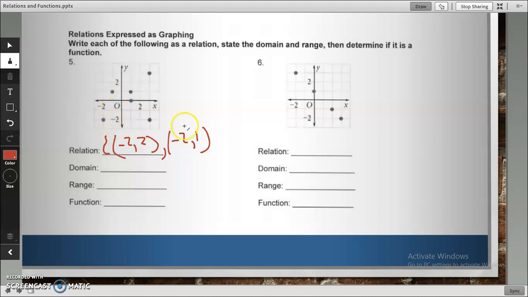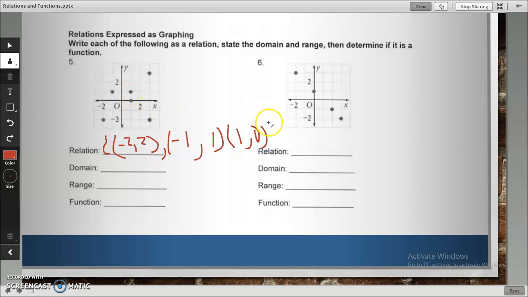Did I do that correct? No, this is not -2. I apologize for that. This is -1, 1. The next point is at, and I'm going to run out of space, I hope that's okay with you all, 1, 0.